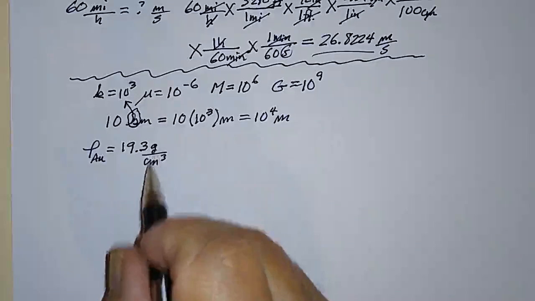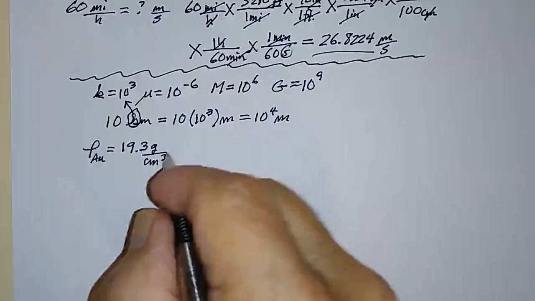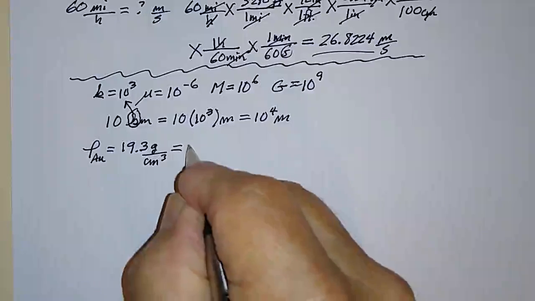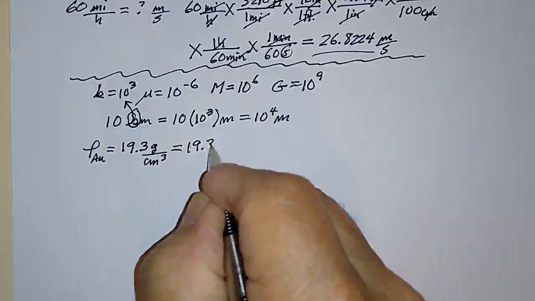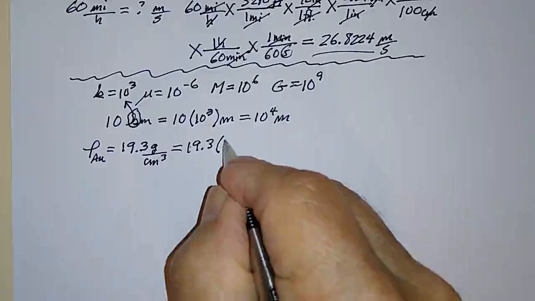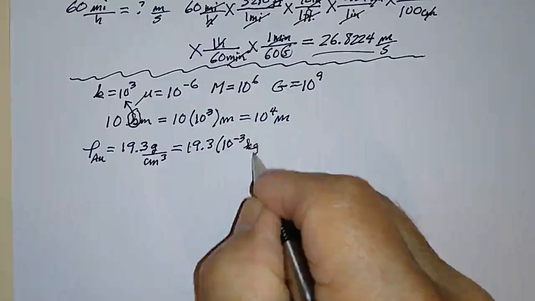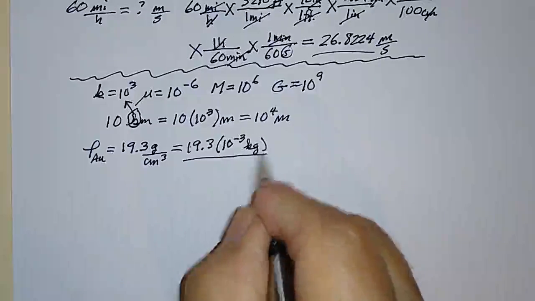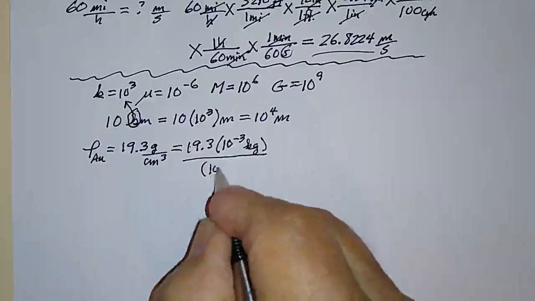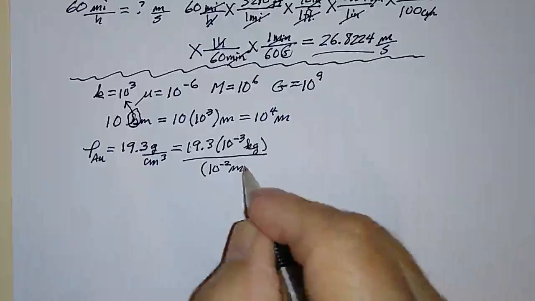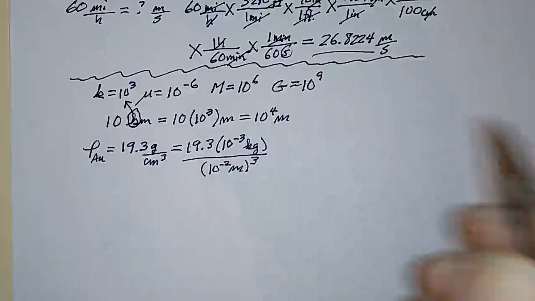Just replace the units with what they actually are. And this is equal to 19.3. Well, a gram is equal to 10 to the minus 3 kilograms, and a centimeter is 10 to the minus 2 meters.